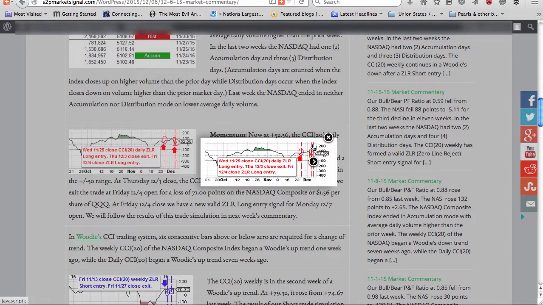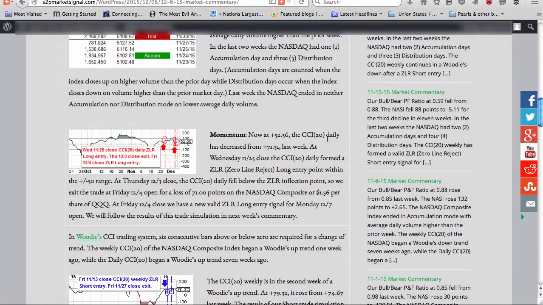Momentum. Now at a positive 52.56, the CCI 20 daily has decreased from positive 71.51 last week. At Wednesday 11:25 close, the CCI 20 daily formed a zero-line reject long entry point within the plus or minus 50 range.